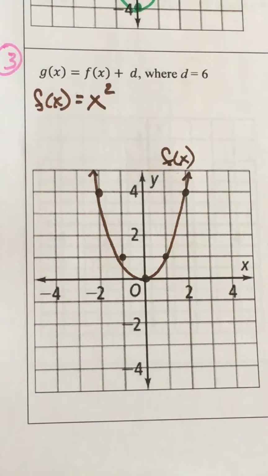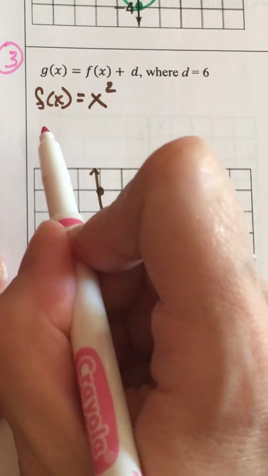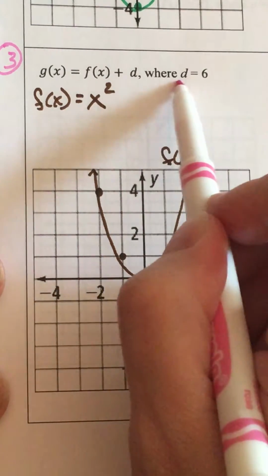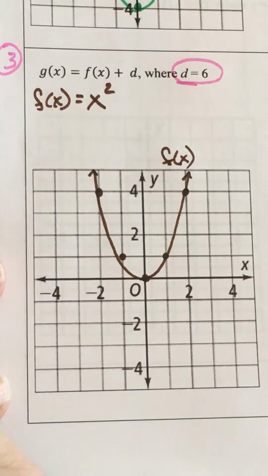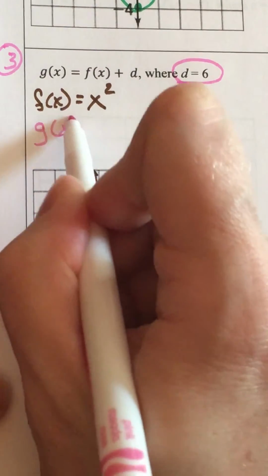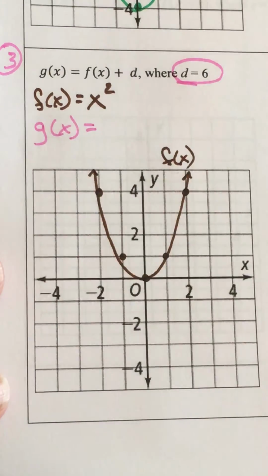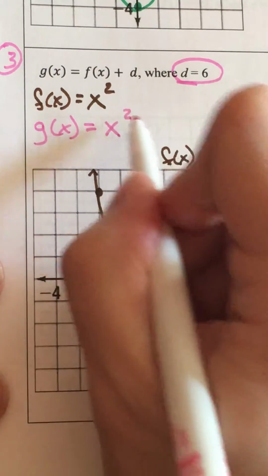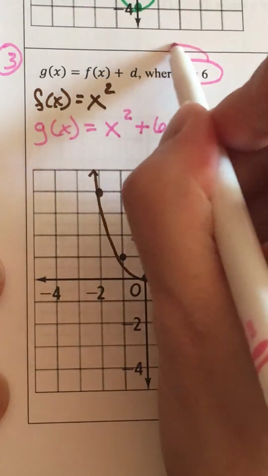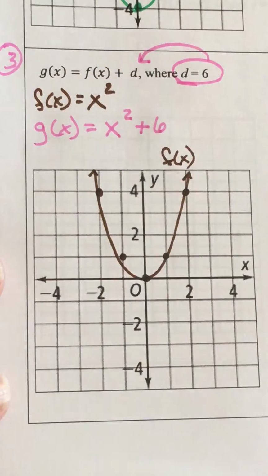So now let's go look at g of x. g of x is f of x plus d. Well, I know that d is equal to a positive 6. That means that g of x is equal to x squared plus 6. I put that 6 exactly where the d was.